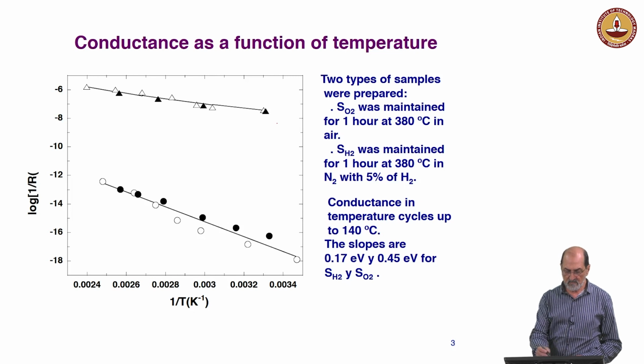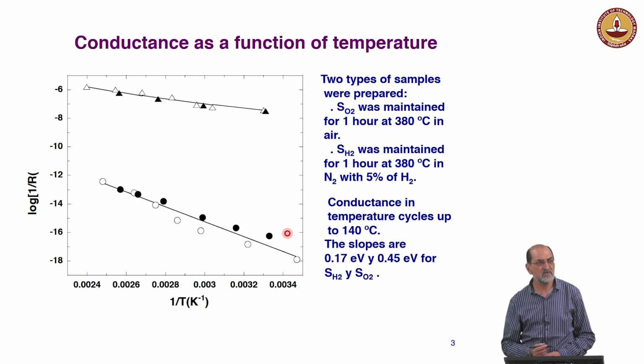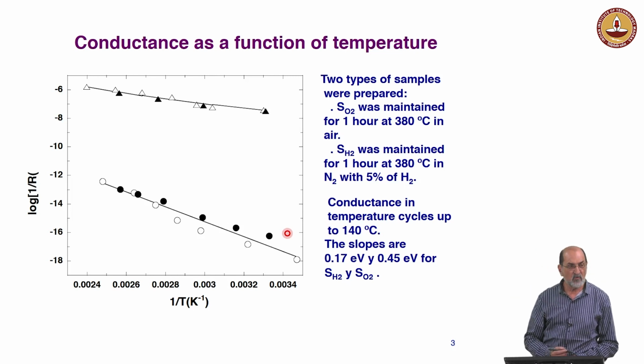The one here at the top was prepared under an atmosphere having hydrogen. In that case, we are creating a lot of oxygen vacancies, so the conductivity was higher. And this one was prepared under an atmosphere of oxygen, so we were expecting a low density of oxygen vacancies.